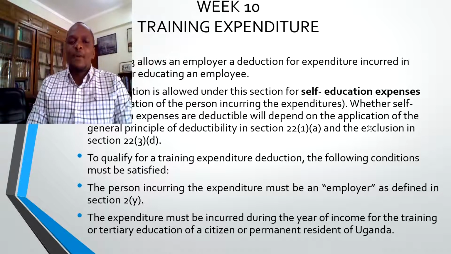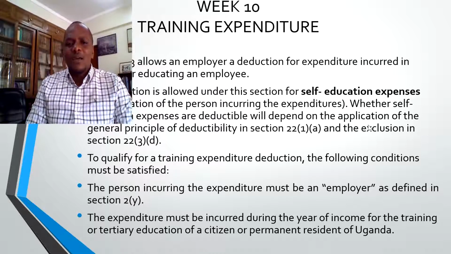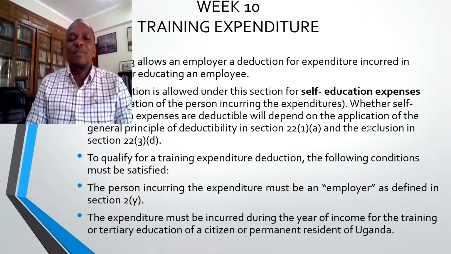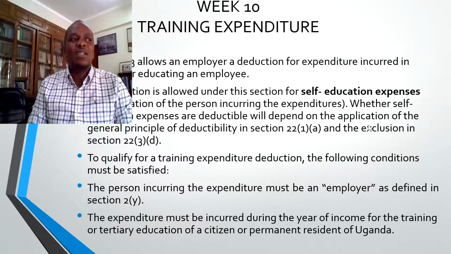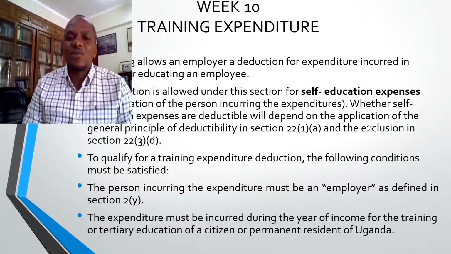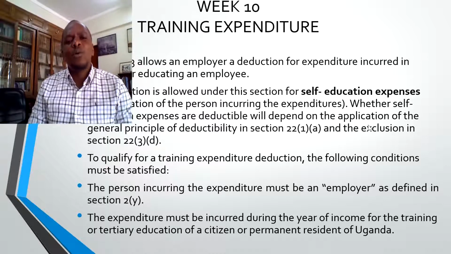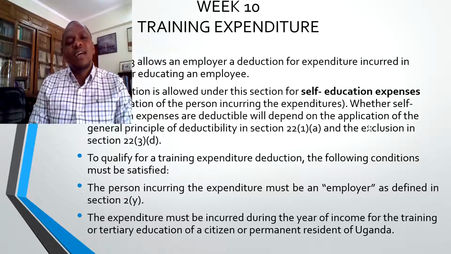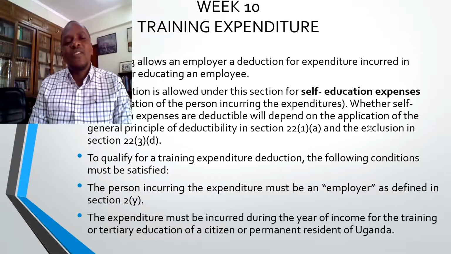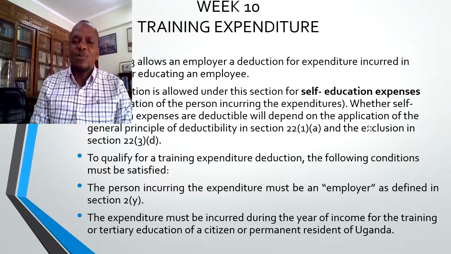Okay, thank you. So the other expenditure that can be deducted when we are calculating our chargeable income for tax purposes under the Income Tax Act is training expenditure. And I will pose a question. Why do you think that in our case the Uganda Revenue Authority allows a taxpayer to deduct a training expenditure?